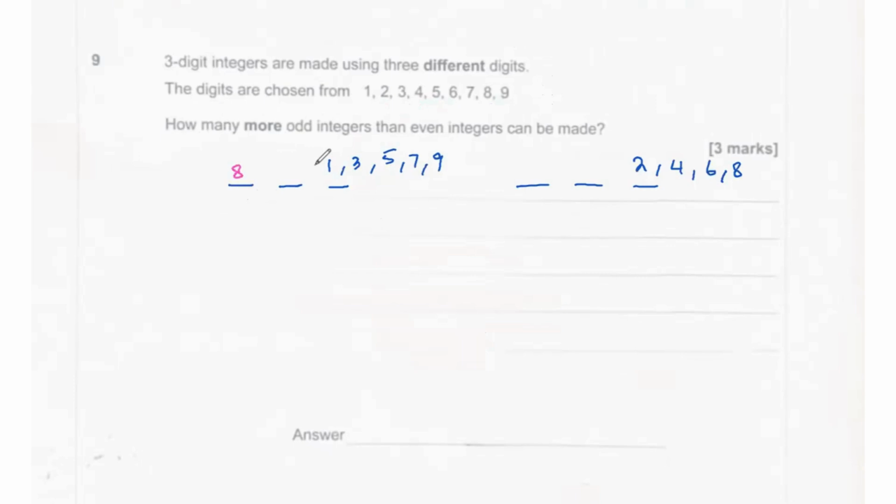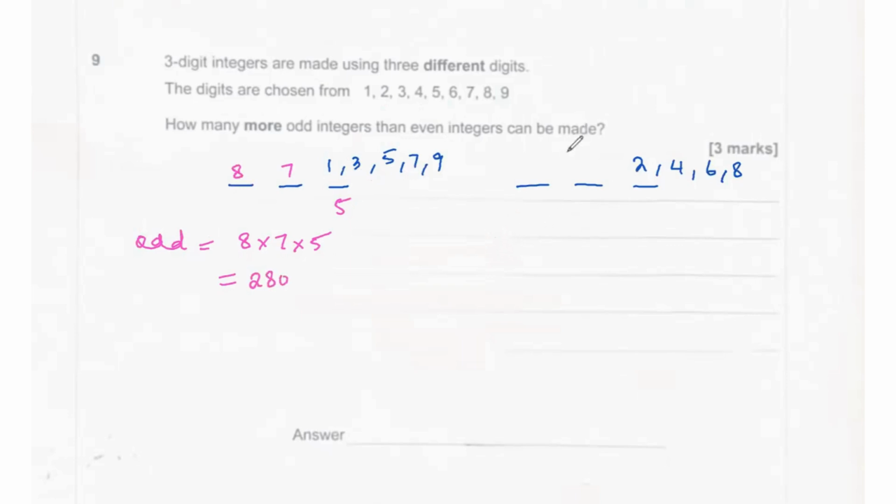Now another digit is gone, so we have a choice of picking from 7 digits. And over here we have an option to pick from 5 numbers. So 8 times 7 times 5 is for odd, which is going to give us 280.